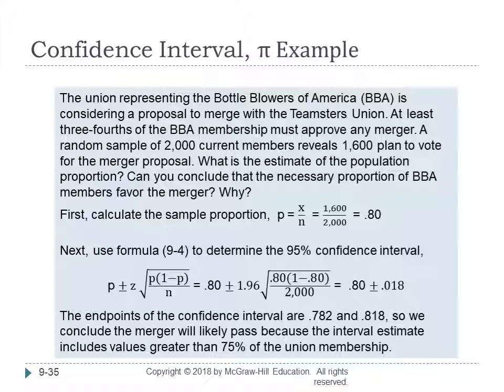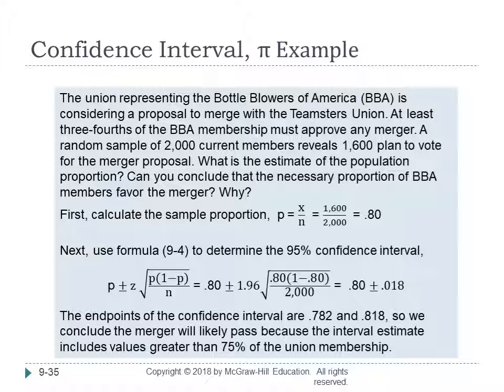They take a random sample of 2,000 current members, and 1,600 plan to vote for the merger proposal. So the proportion can be calculated easily: 1,600 divided by 2,000. What is the estimate of the population proportion? We want an estimate for the population proportion to see what chance the proposal has to pass.